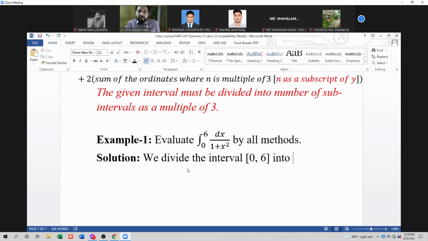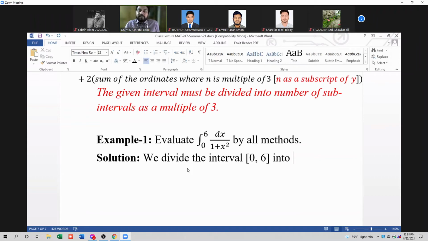Or we can create one subinterval set which is applicable for all the methods. There are 2 ways: create separate subintervals for each of the methods, or create one which is applicable for all the methods. I think the second option is better.